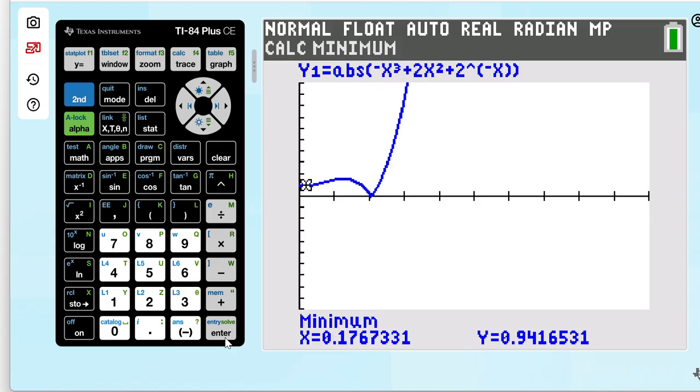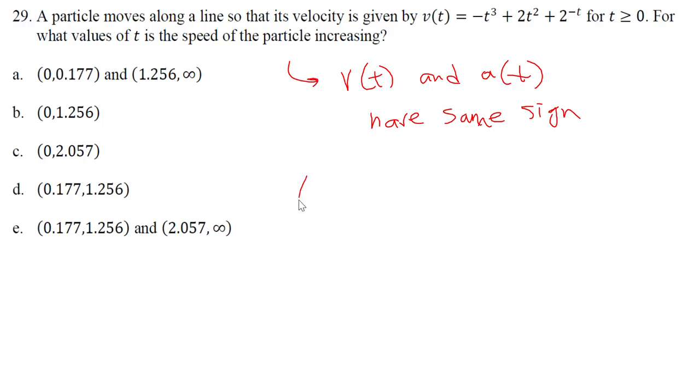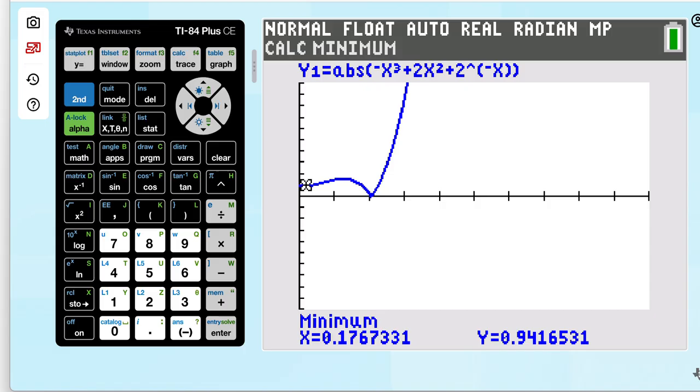And it does tell me that there is a minimum there, 0.1767331, which means that this starts increasing at, rounded to 3 decimals, 0.177. So we're going to go over here and say from 0.177 to something, we're increasing. So now we'll go back to our graphing calculator.